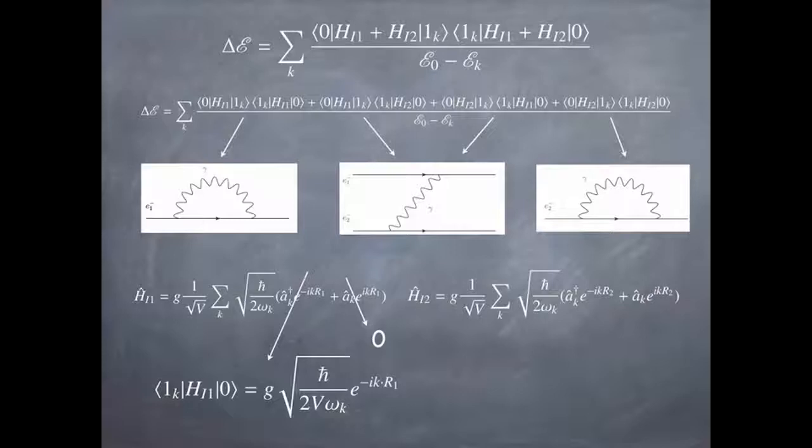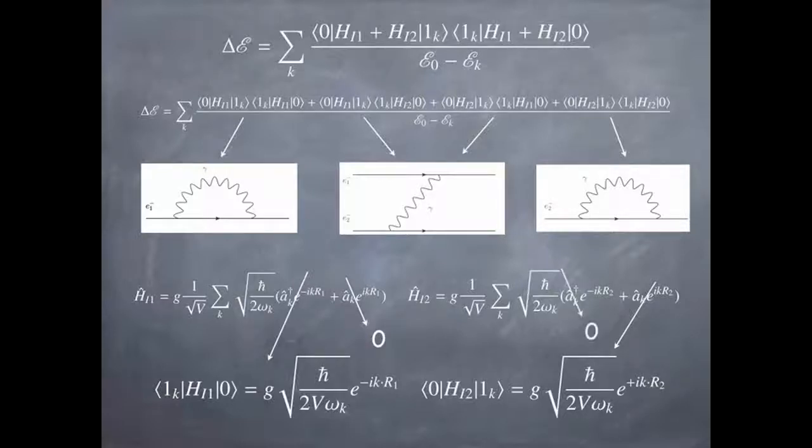But for the other inner product that I need to compute, I go 1, H_I2 on 0, and so starting with 1, it's the annihilation operator that produces something. It gives me the vacuum, and then the vacuum on vacuum gives me 1. And so in this case, it's the annihilation operator that contributes to the inner product.